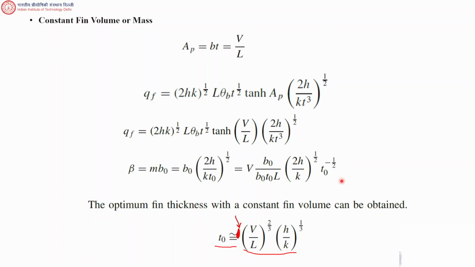Now we want to get an optimum fin thickness with a constant fin volume. So the optimization has actually already been done, because that is at beta equal to 1.419. Now, how do we get this thing? Just writing it here again.